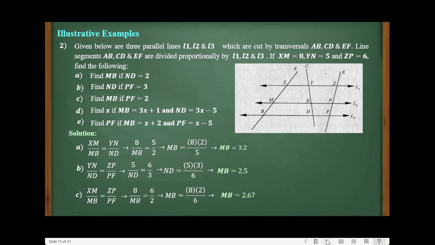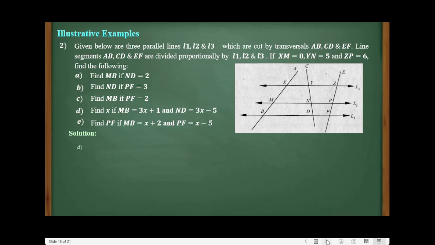Next, letter D. These are the givens, and what would be the right proportion? XM over MB, from this transversal, equals YN over ND, taken from this transversal.